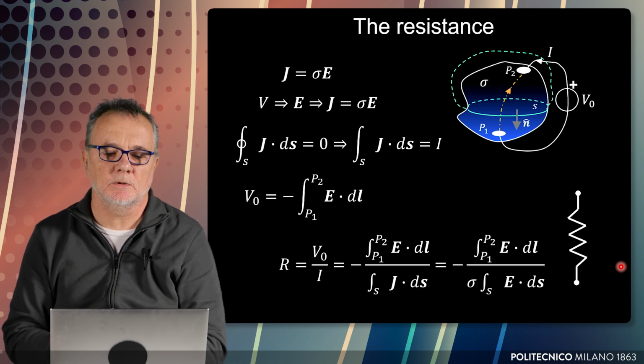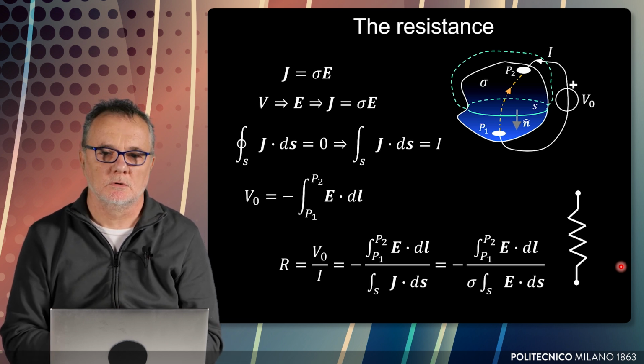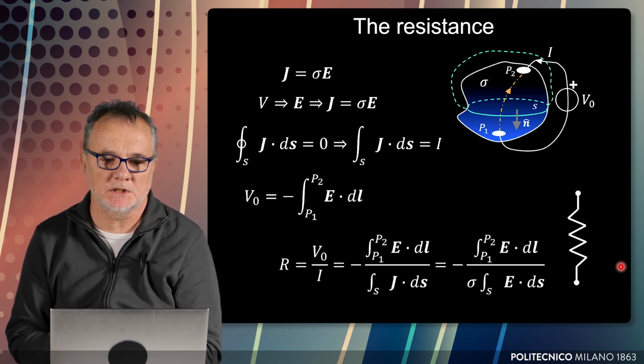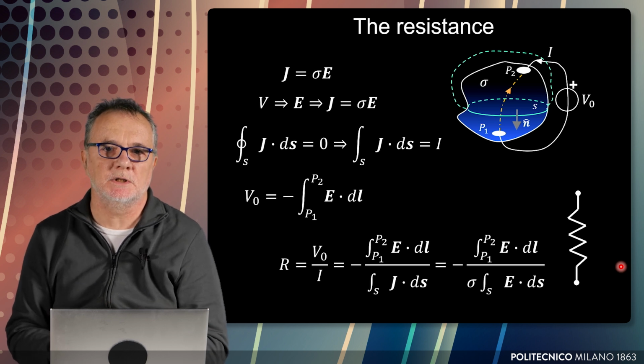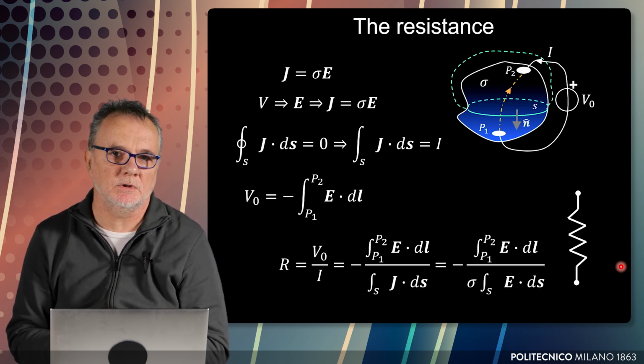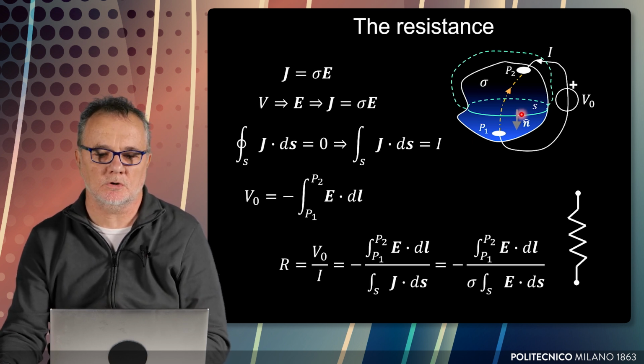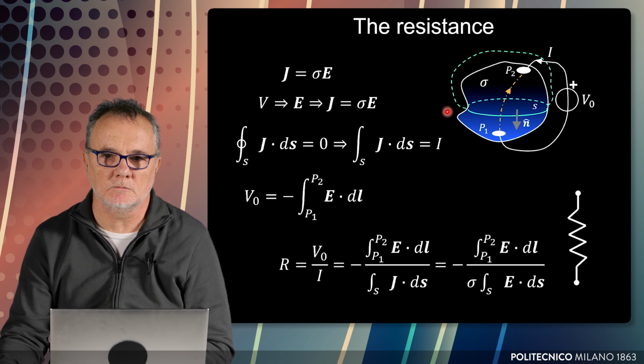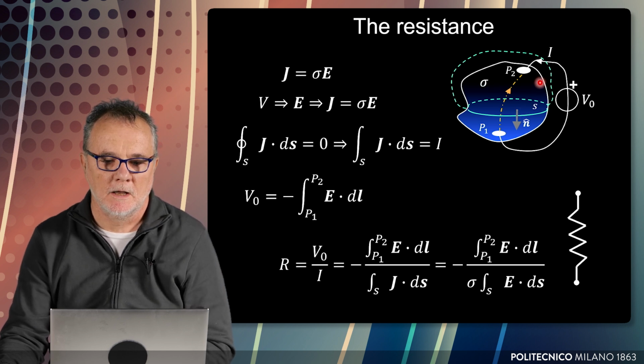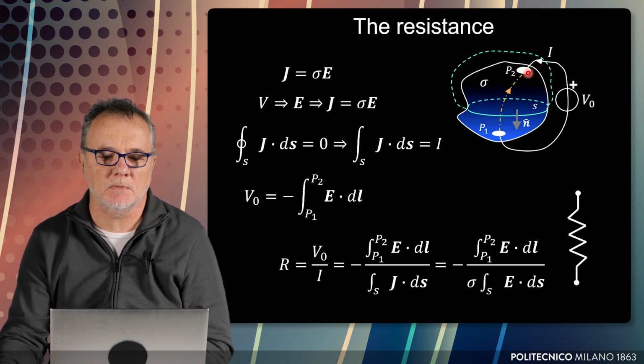There is another important parameter that we also studied in circuit theory, which is the resistance. So let's see a definition of resistance that is more related to the fields and to what happens physically. Let's imagine that we have a section of material with non-null conductivity, and we apply a voltage difference by two electrodes, as you see here.